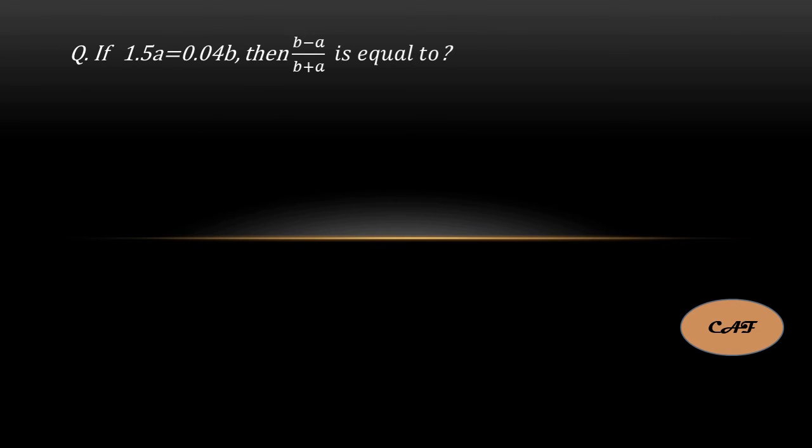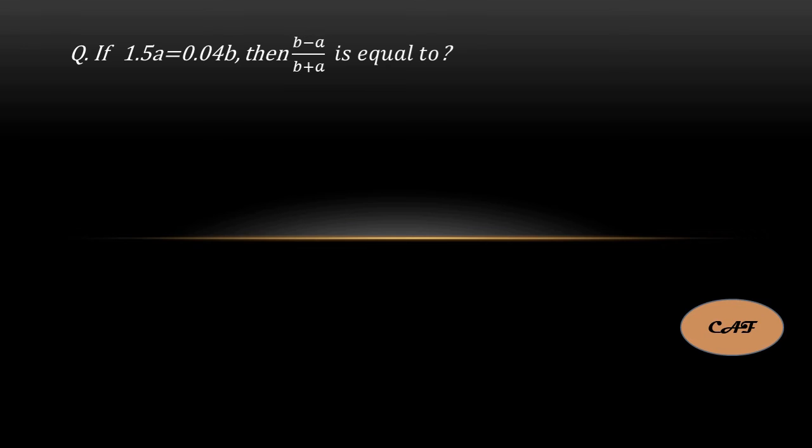Next question. If 1.5a is equal to 0.04b, then b minus a by b plus a is equal to how much? Indirectly they gave the ratio of a is to b. Okay, if you know the a is to b, you can easily find out. I already explained a problem like this in a previous question.